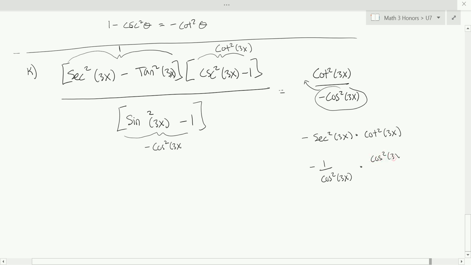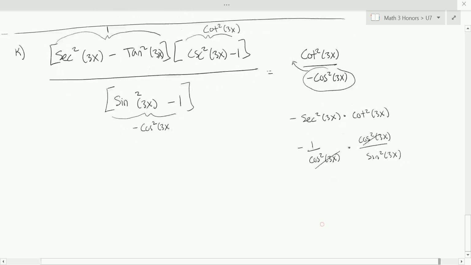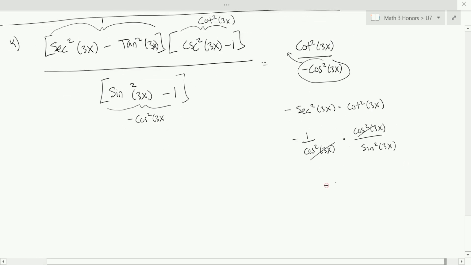Cosine over sine. So we still have a negative sign. We get negative 1 over sine squared of 3x, which is negative cosecant squared 3x.